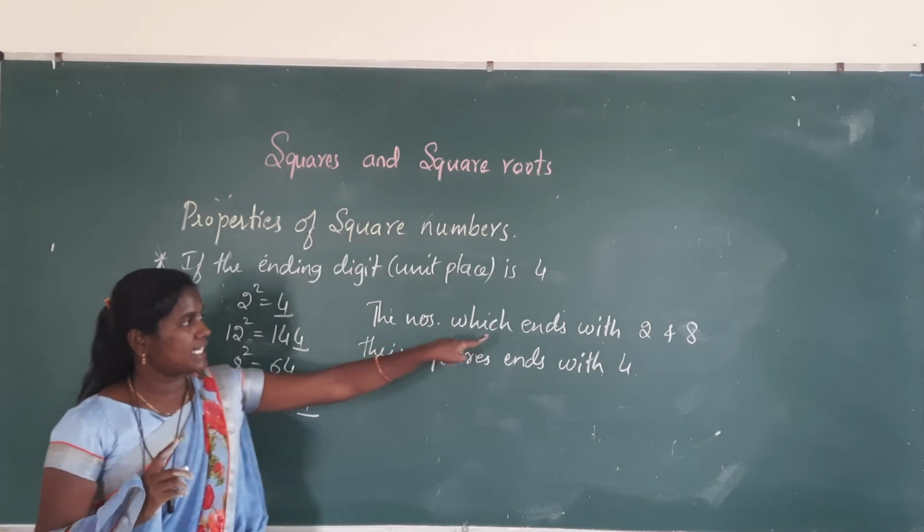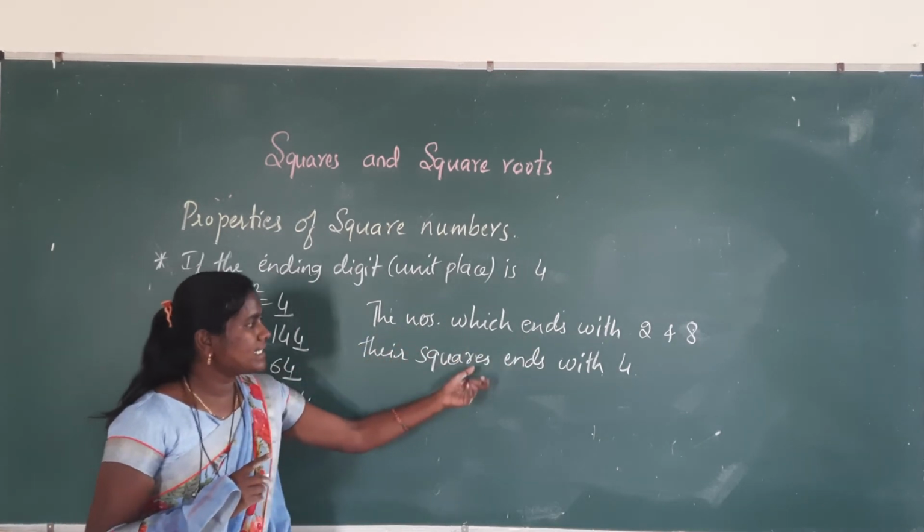The numbers which end with 2 and 8, their squares end with 4 only.